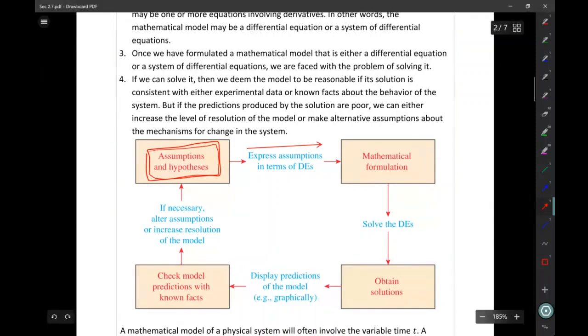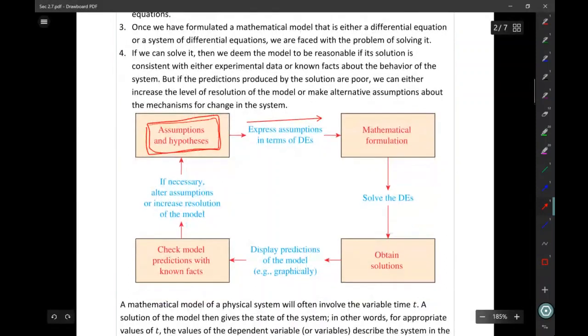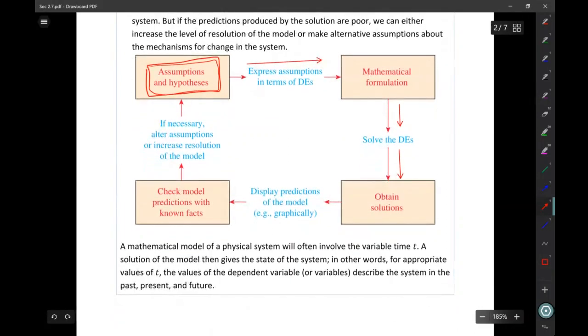Now for this differential equation, I have to determine which type it is and how we can solve it. Then we have to solve it. After you solve it, you obtain the solution, and you can check your solution by applying the solution to the original problem.